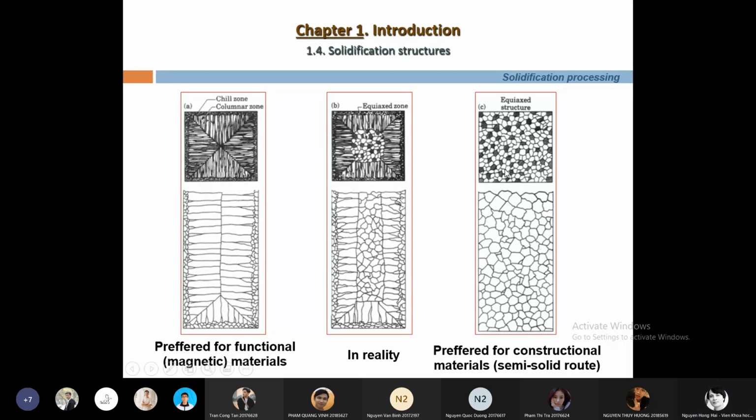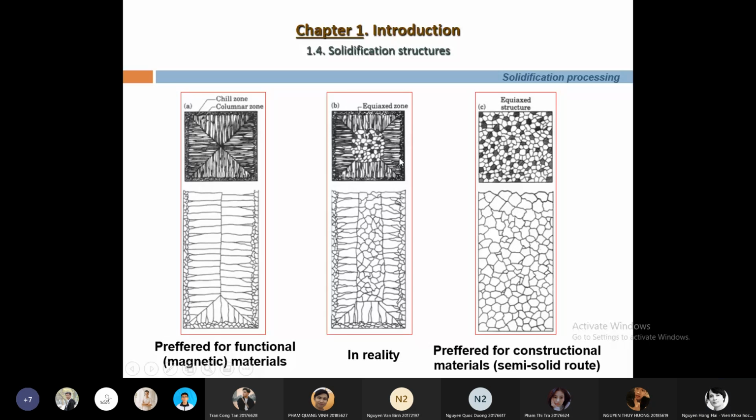It can be obtained by semi-solid technology. This can give much better mechanical properties if the grain is equiaxed throughout the entire volume. But we have to apply some special technique to obtain this microstructure, namely semi-solid technology.